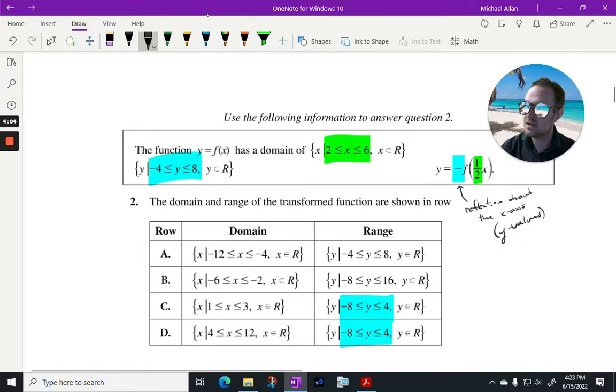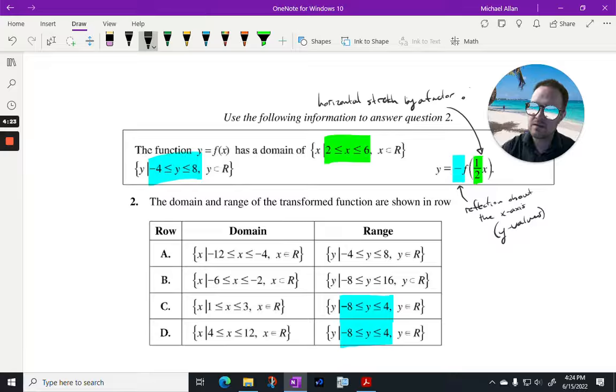So I'm just going to write that down on the side here. Maybe I'll just write it on the top here. So this is a horizontal stretch by a factor of 2 about the y-axis this time.